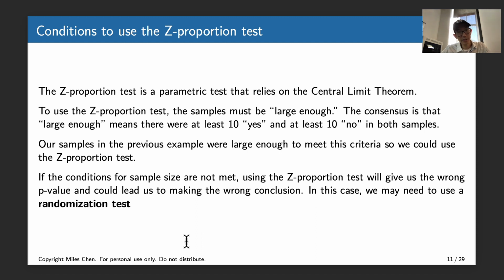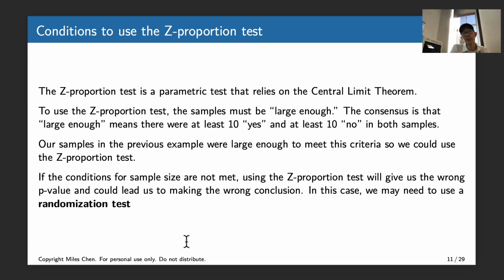This z-test that we did relies on the central limit theorem, because the z distribution is what? The normal distribution. And we're relying on the central limit theorem that says sampling distributions can be approximated with the normal distribution, okay? And so in order for us to use the central limit theorem, we need to have samples that are, quote, large enough.